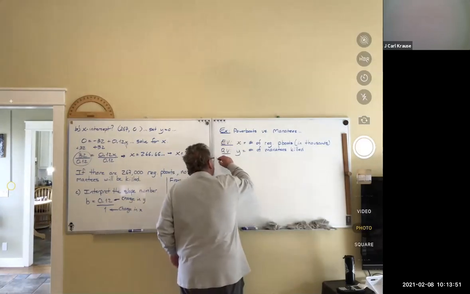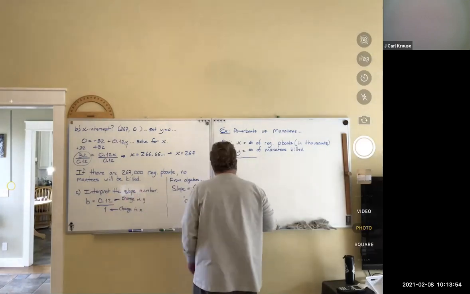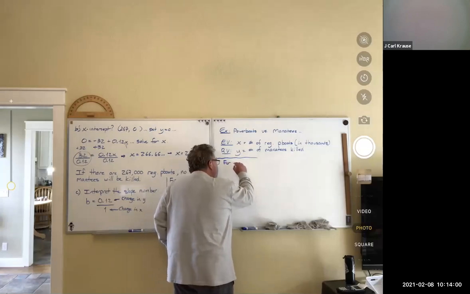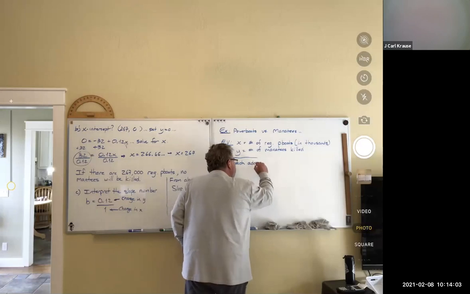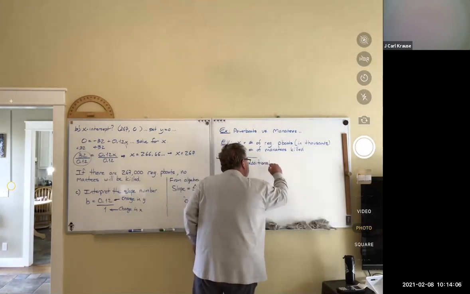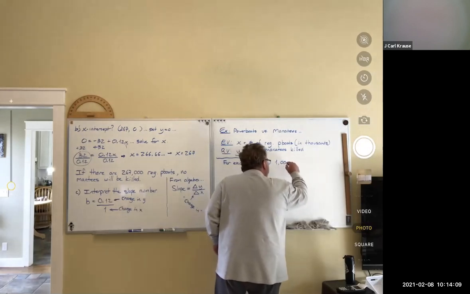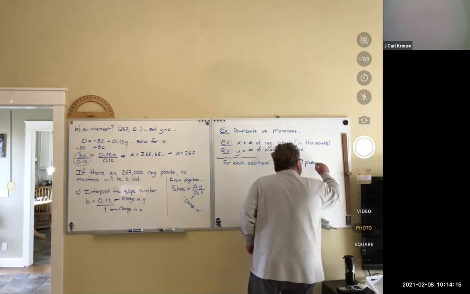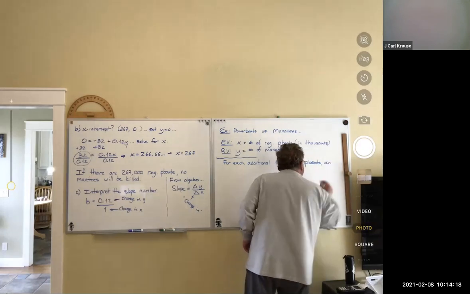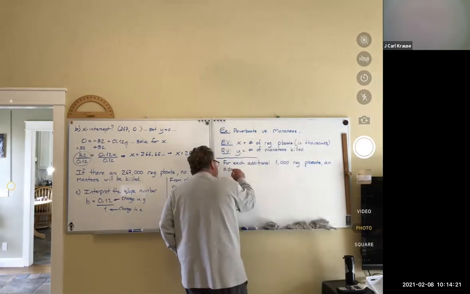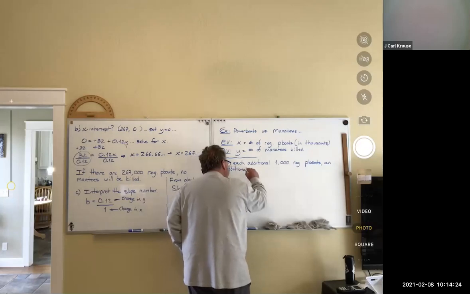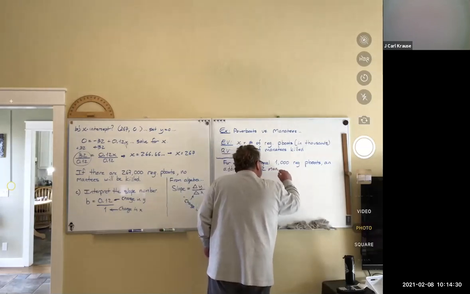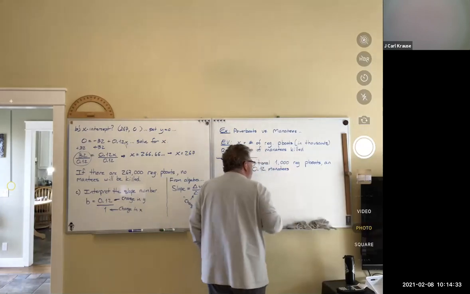Let me just delineate this a little bit. So what this fraction says right here is, for each additional 1,000 registered powerboats, an additional 0.12 manatees will be killed.